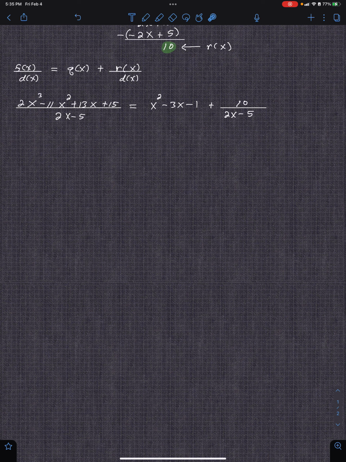So I want you to try this one, the next example. I want you to do x to the 5th minus 2x to the 4th plus x cubed minus 8x plus 18 divided by x squared minus 3.